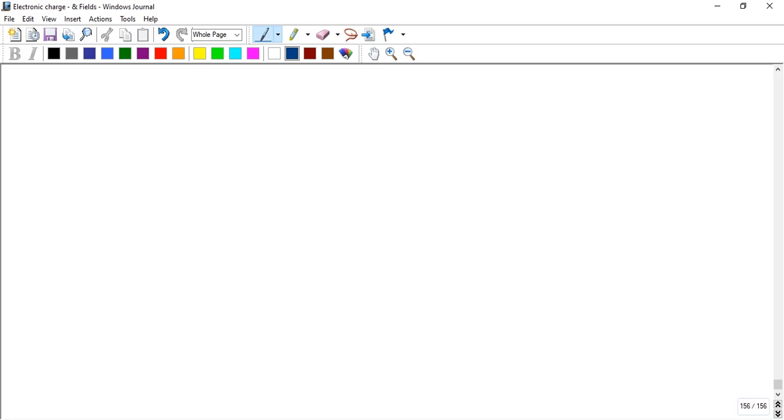So here we solve some basic numericals. Take an example. There is a voltage source V, and there is a capacitor C1, a capacitor C2, another capacitor C3, and another capacitor C4.